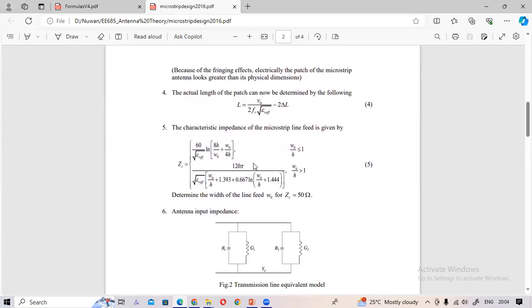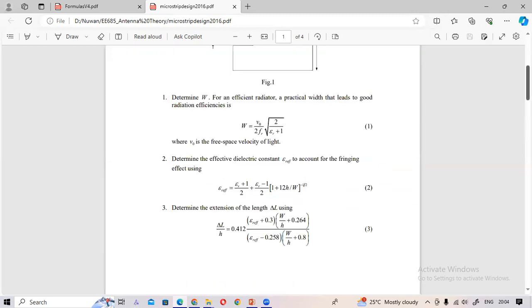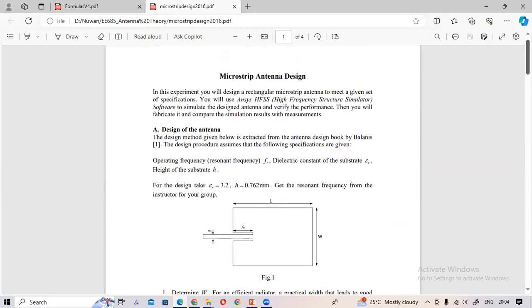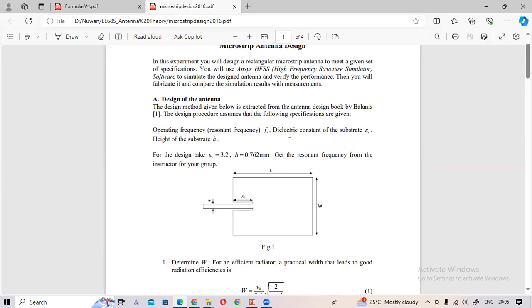We also have to consider this one. Here you are asked to design your antenna for a certain input impedance.